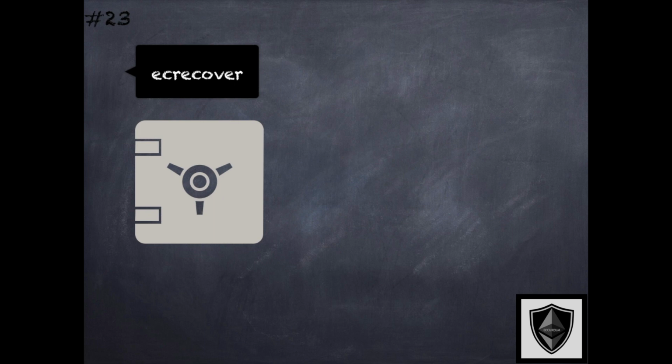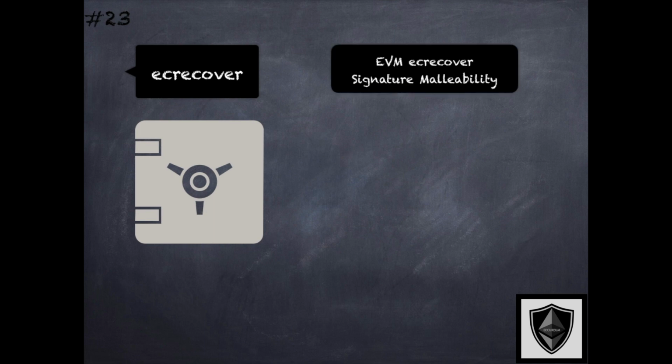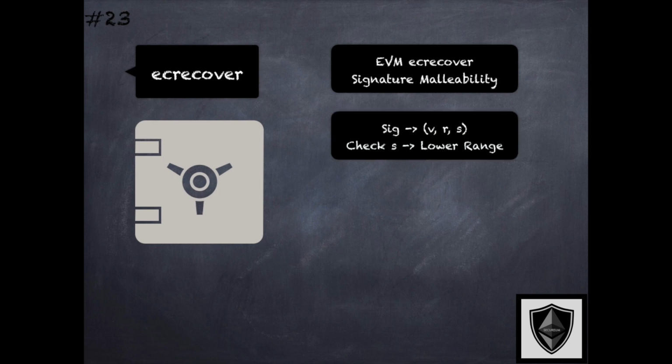This security pitfall is related to the use of the ecrecover primitive in EVM and supported by Solidity. And the specific pitfall is that it is susceptible to what is known as signature malleability or non-unique signatures. Recall that elliptic curve signatures in Ethereum have three components, V, R, and S, as shown here.